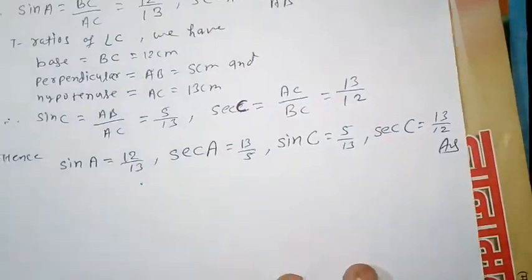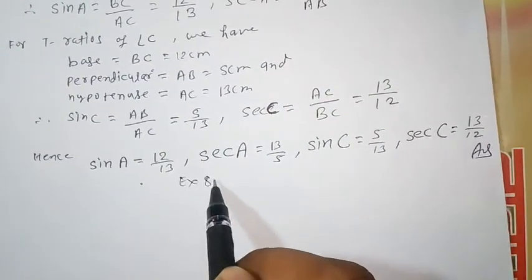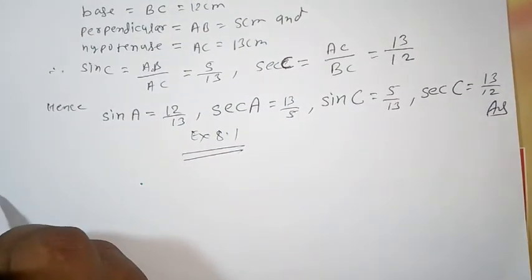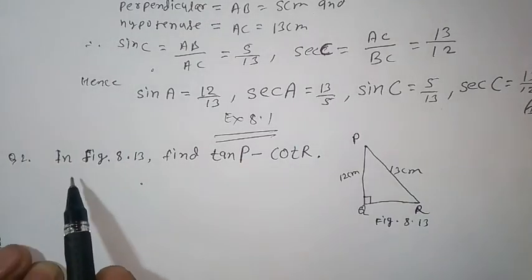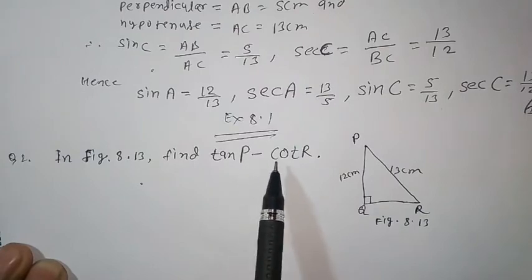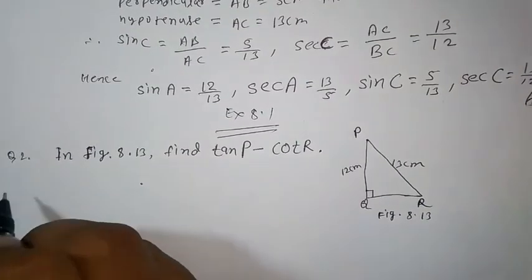Answer. Now, the rest question of exercise 8.1. Question number 2. In figure 8.13, find tan P minus cot R. Solution.